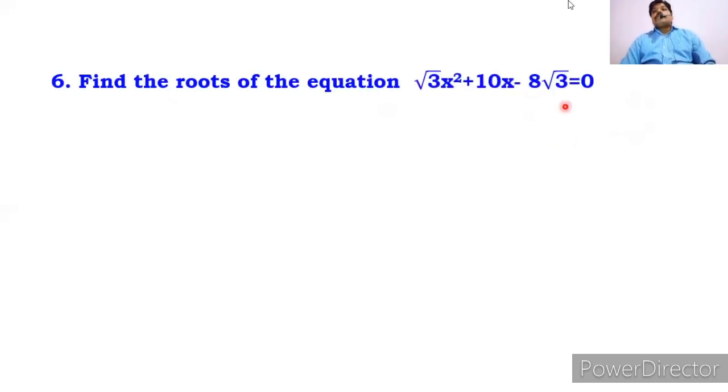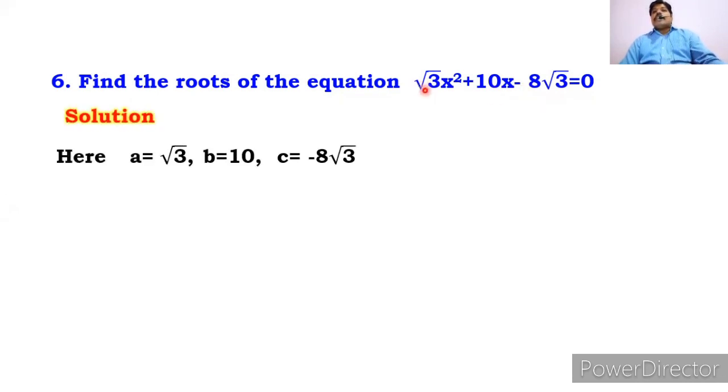Find the roots of the equation √3x² + 10x − 8√3 = 0. It is in the standard form of the quadratic equation. First take the values: a = √3, b = 10, and c = −8√3.